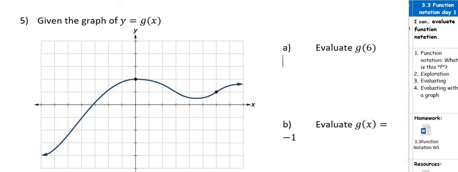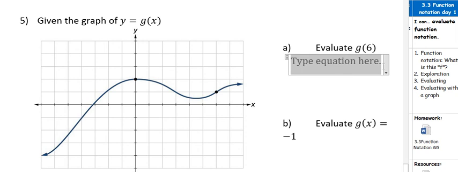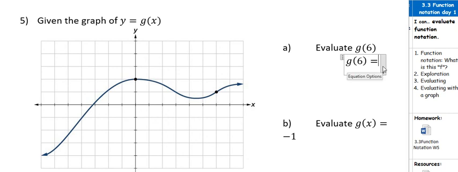So now I can say g of 6 equals negative 1.